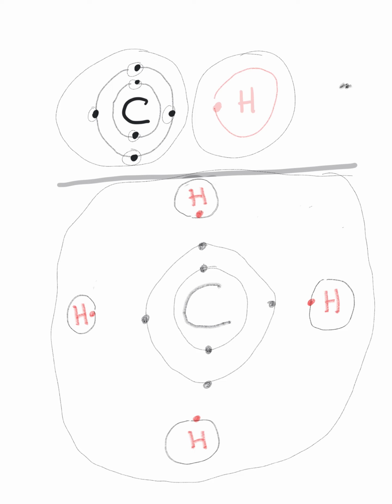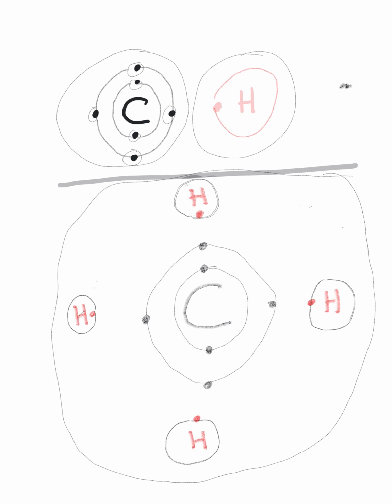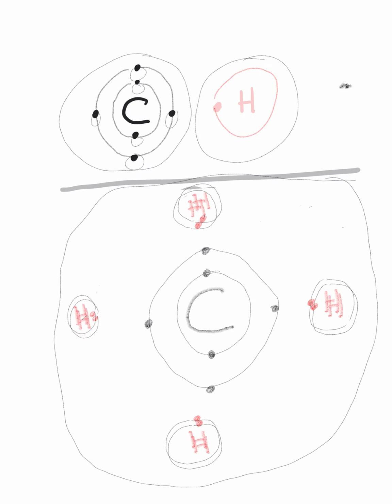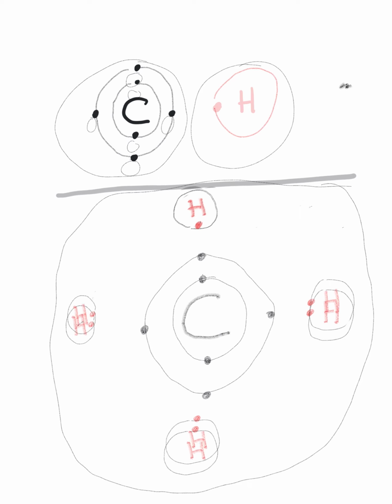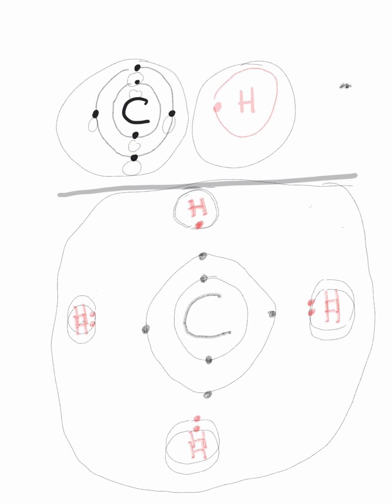electrons. So what will happen during covalent bonding is these hydrogens will move close to the carbon. Let's see, like this. Aha, here we are.